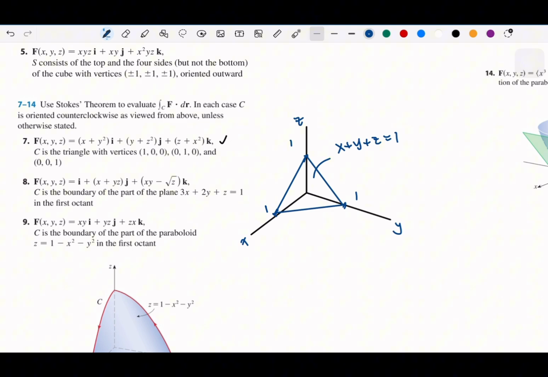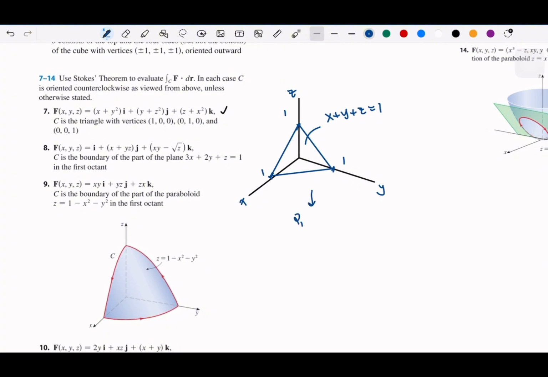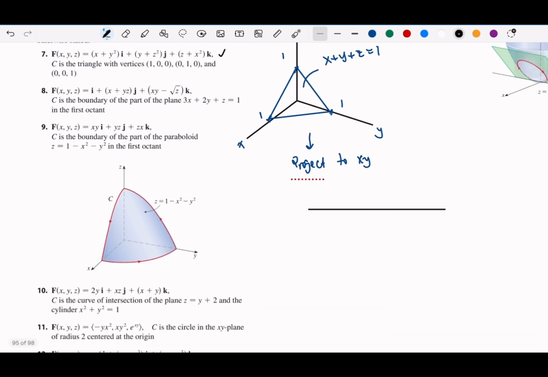So if we project to xy, we will have, I will take this in the normal axis.